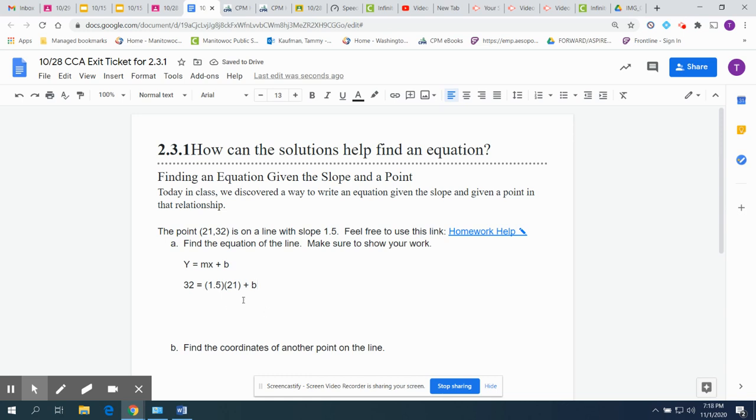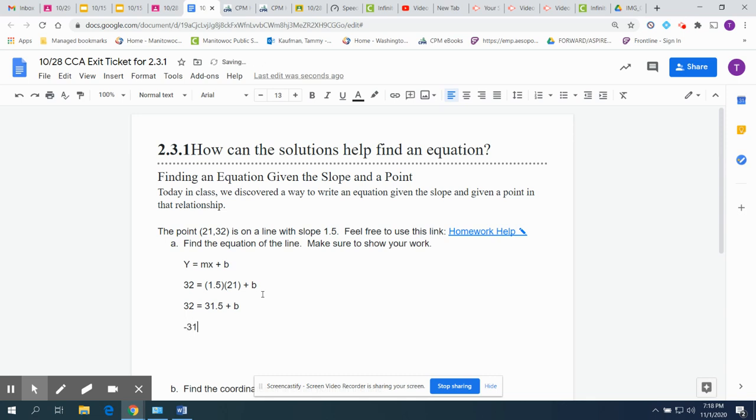So I'm going to multiply 1.5 times 21. I still have 32 is equal. And if you take a calculator, multiply 1.5 times 21, you're going to get 31.5 plus b. Okay. And to solve for b, I'm going to subtract 31.5 from both sides.